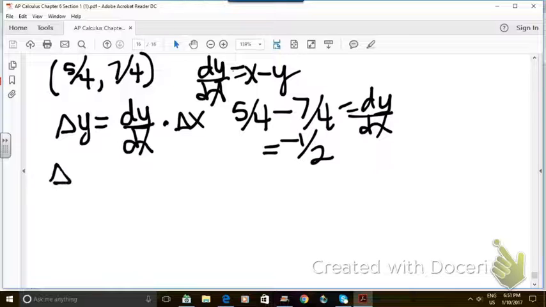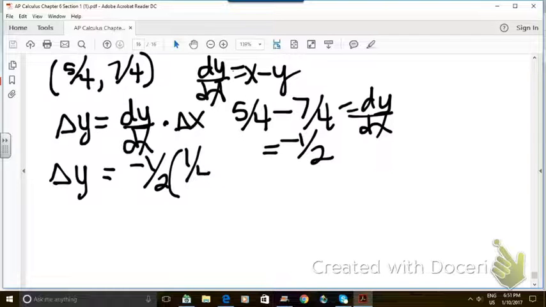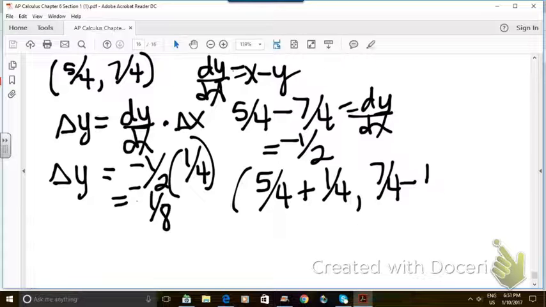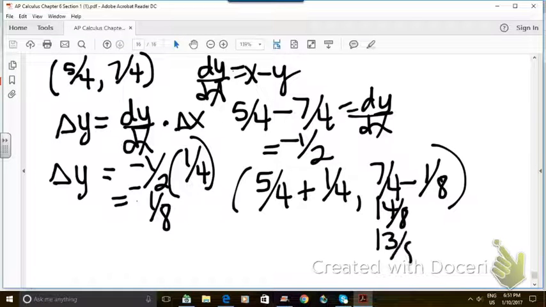So delta y equals negative 1/2 times 1/4, which is negative 1/8. And my new point, 5/4 plus 1/4, 7/4 minus 1/8. And so that'll be 14/8 minus 1/8 is 13/8.